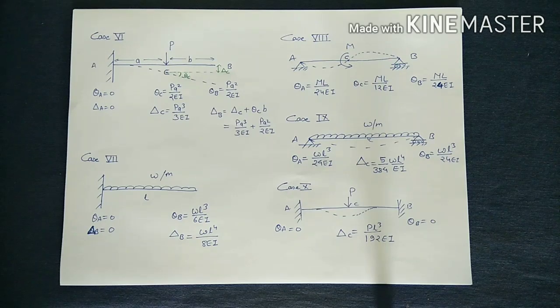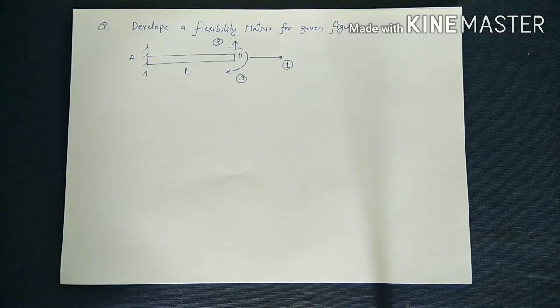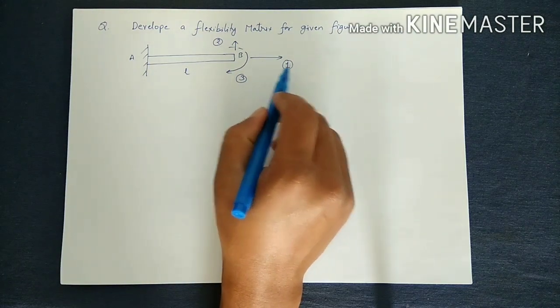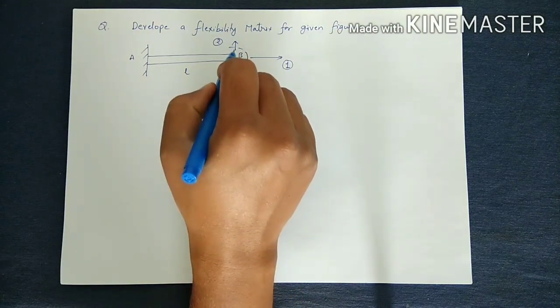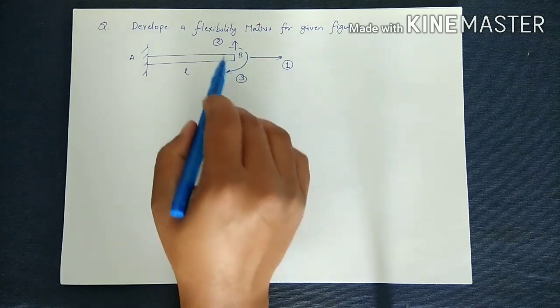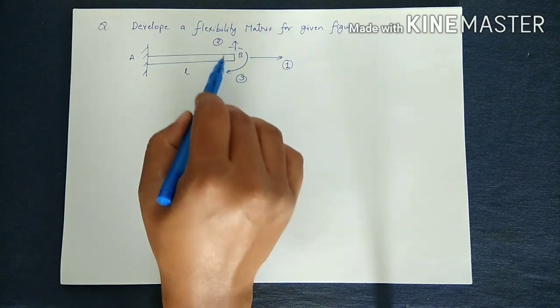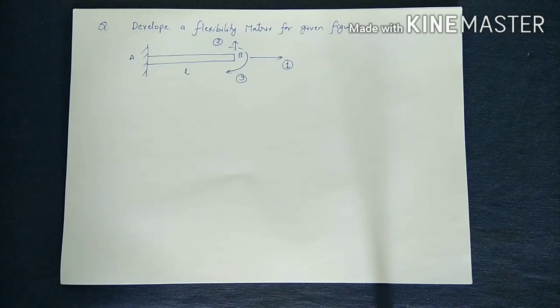So let's start a numerical. The question says: develop a flexibility matrix for the given figure. The figure has three coordinates, that is, the first in the horizontal direction, the second in your vertical direction, and the third is your couple, which is also in the vertical direction. So let's start.